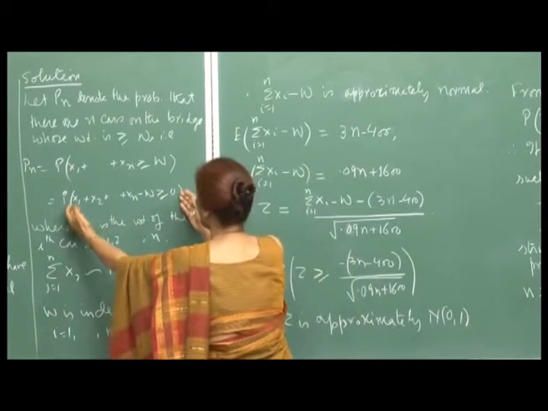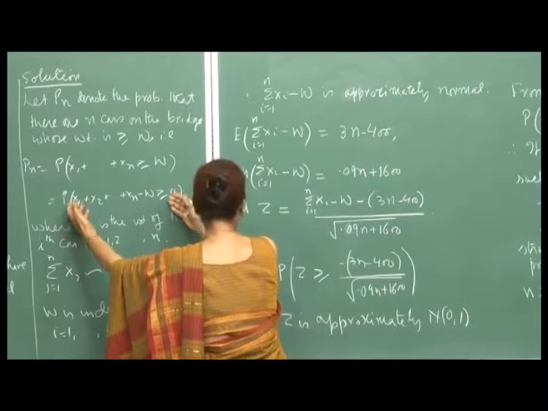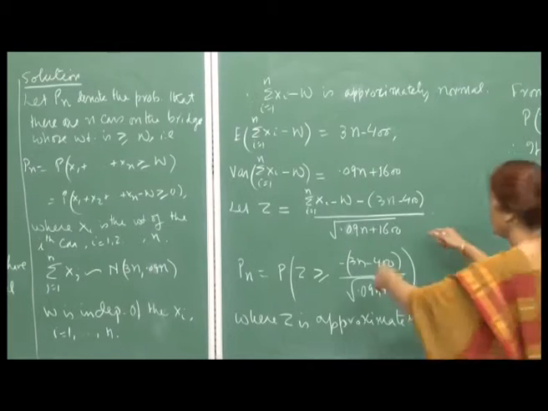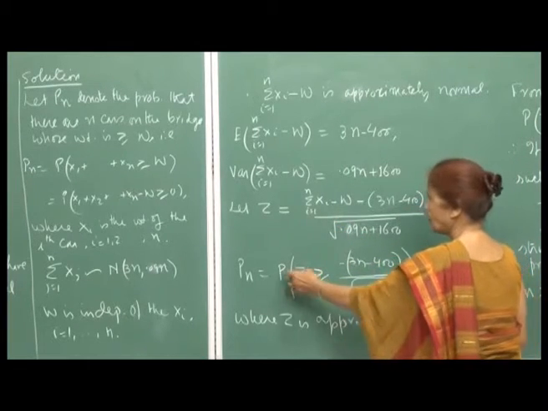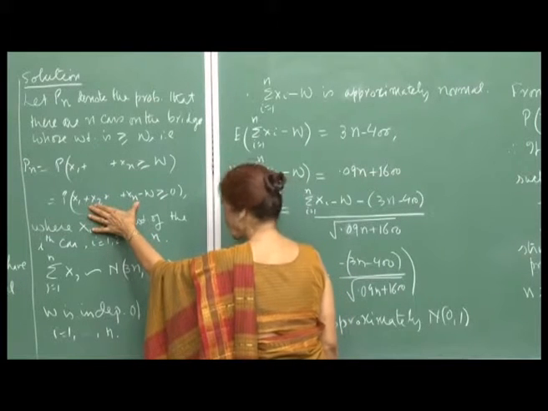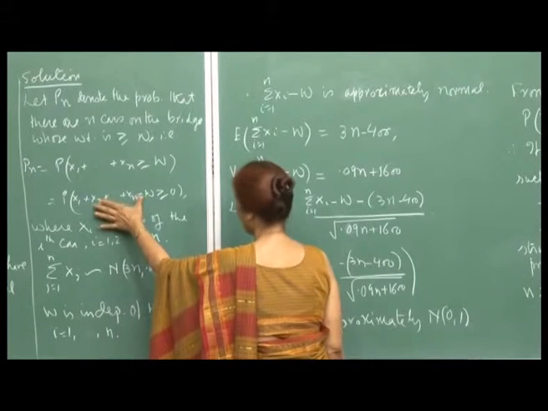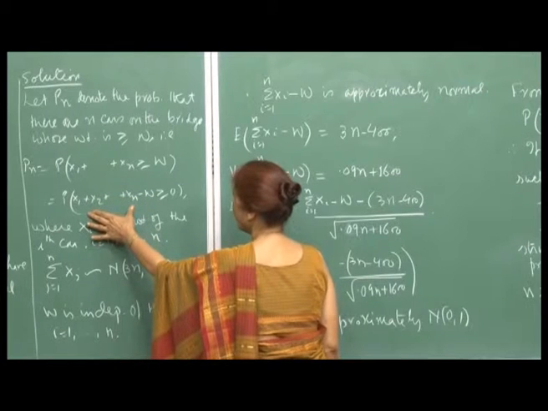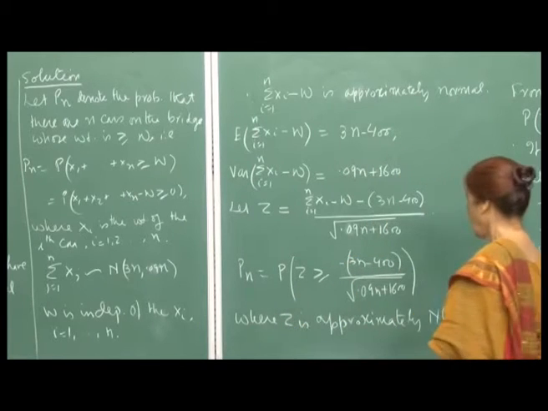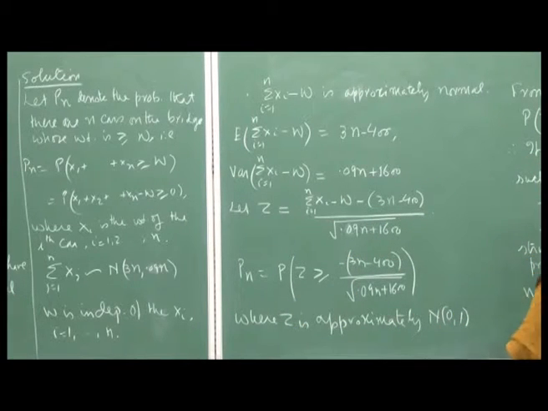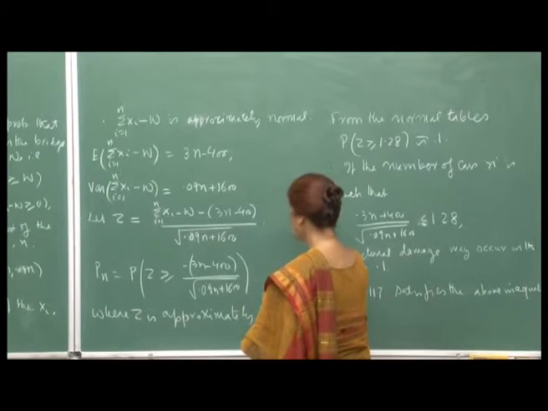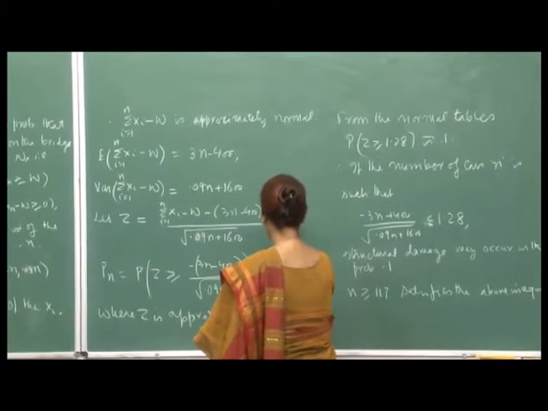When I do this operation, this probability is the same as this probability, because I have standardized the normal variate to a standard normal variate by subtracting the mean and dividing by the standard deviation. So, z is approximately normal, and now we want this probability to be greater than or equal to 0.1.